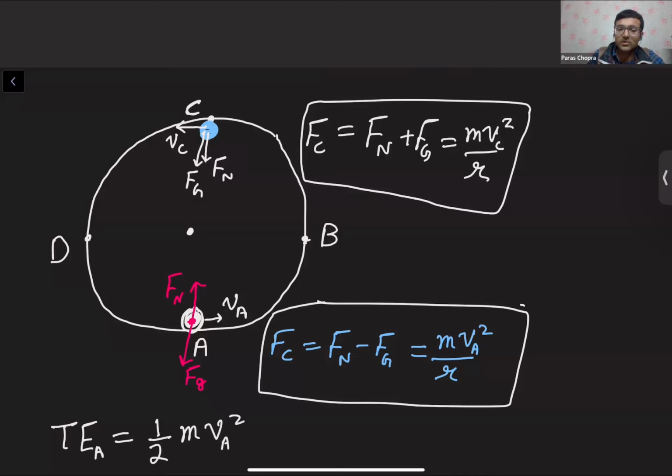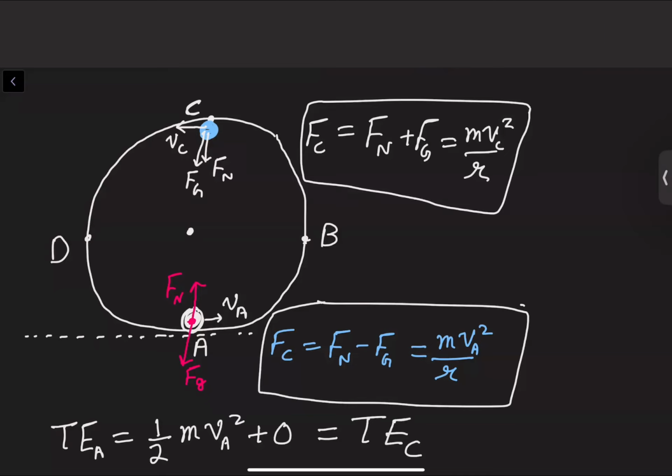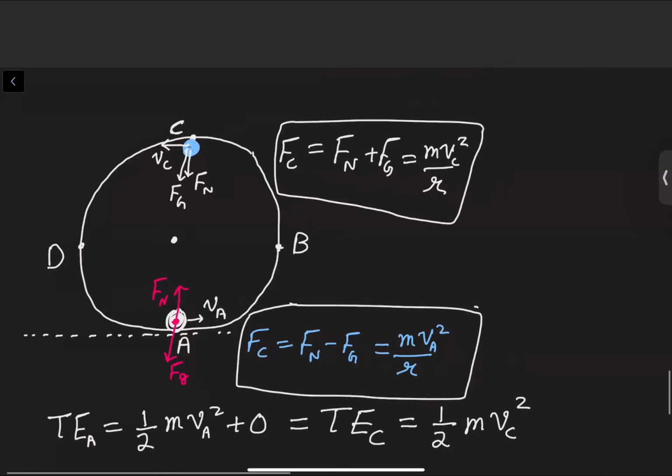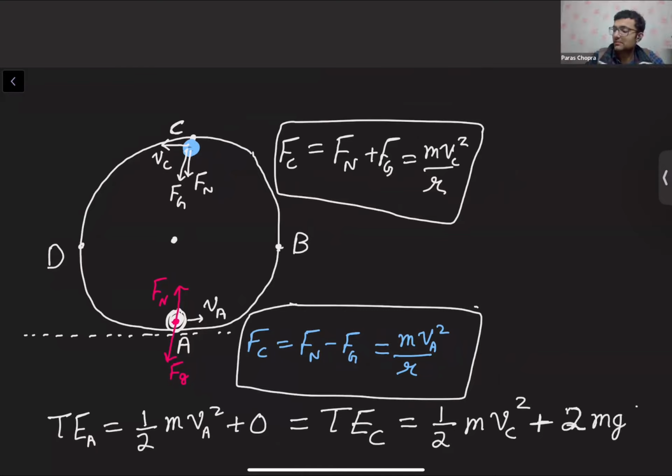Potential energy is 0 if we assume the reference to be the level of point A. So this will be the total energy at point A. And will this be equal to total energy at point C? So what is the total energy at point C? Again, kinetic energy half m vc square plus the potential energy mgh, where h is now equal to 2r. So plus 2 mgr.